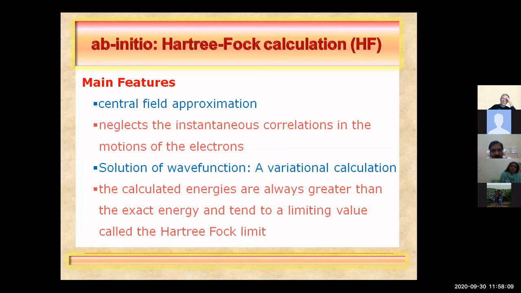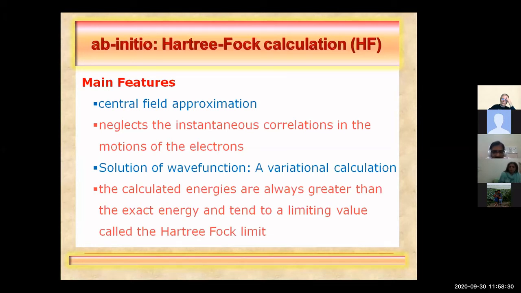And this is a variational calculation also, which means it uses the variation method to solve the Schrodinger equation. The approximate energies so calculated are all equal to or greater than the exact energy.